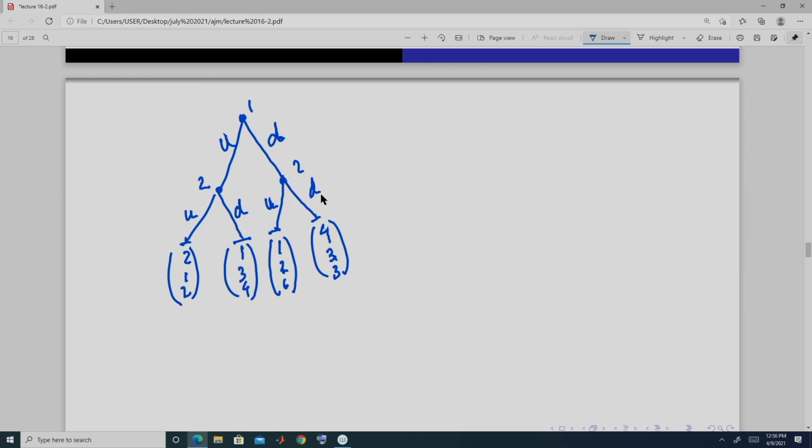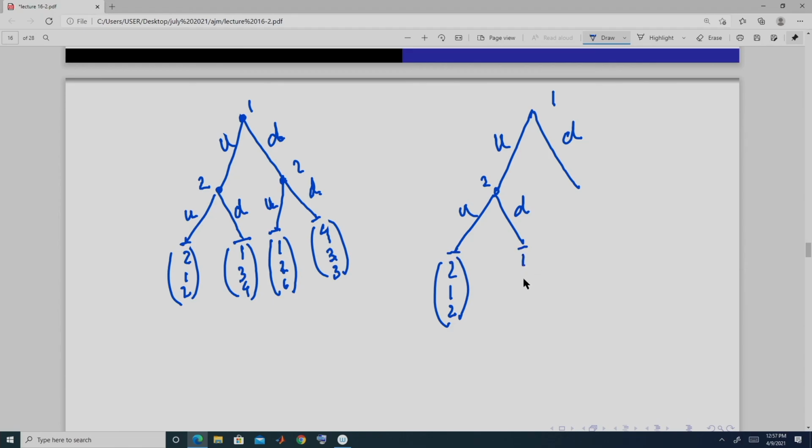So player 2 is going to choose D. Here it is going to choose D.